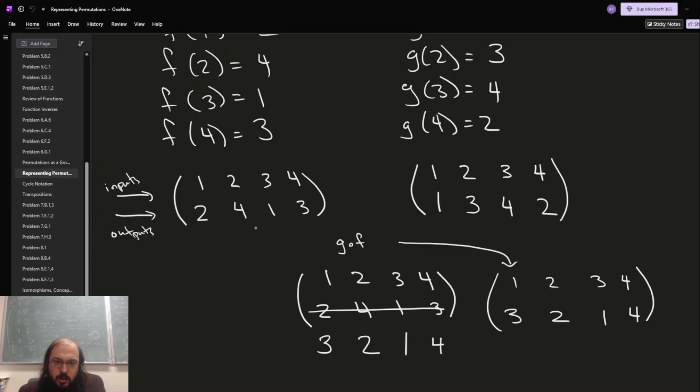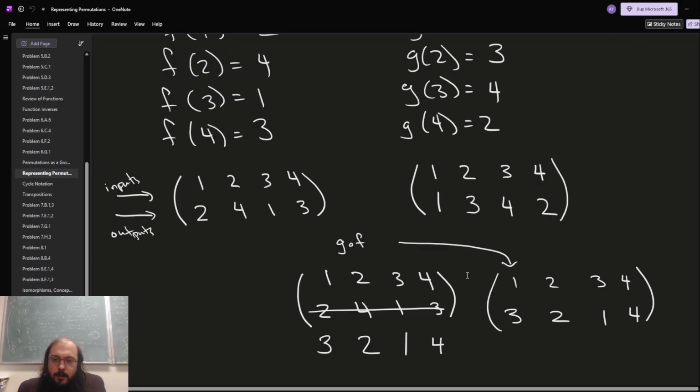So 1 goes to 2 by F, and then 2 goes to 3 by G, so 3 goes down here. 2 goes to 4 under F, and 4 goes to 2 under G. I did that for each possible thing, and then I scratched out the line in the middle because I'm not interested in that anymore. Now I have the input 1, 2, 3, 4 and these outputs, 3, 2, 1, 4, representing the entire combination of G following F.